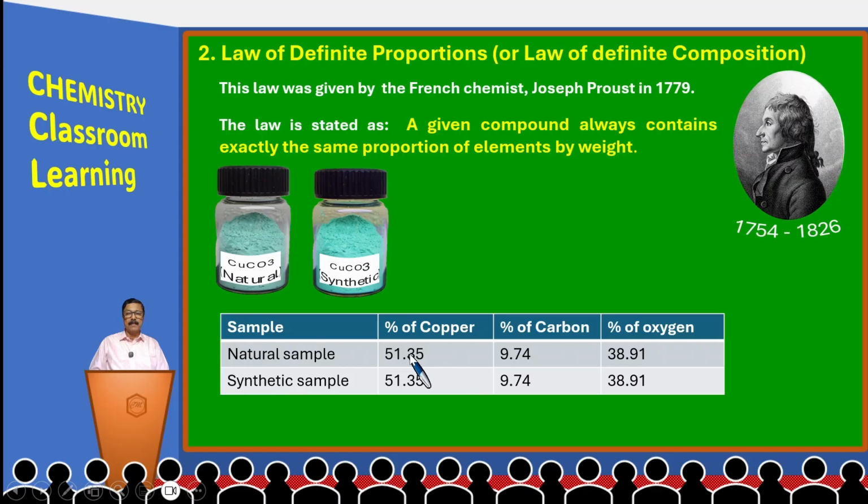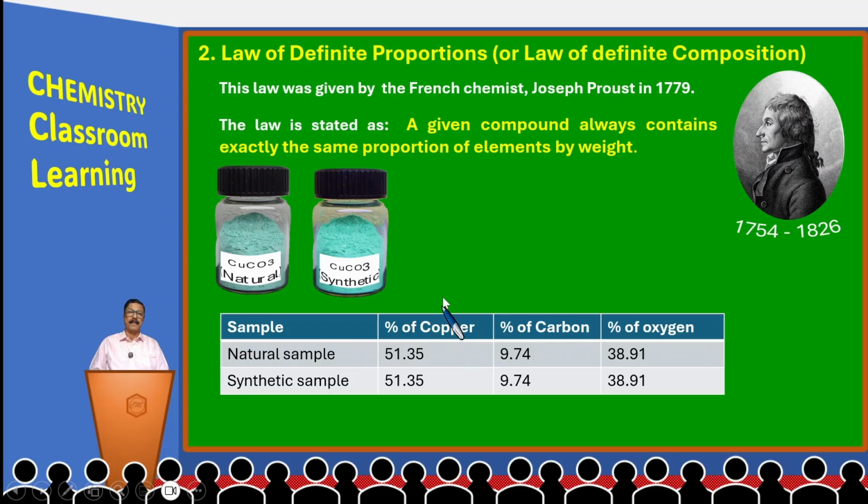In the natural sample, the percentage of copper is found to be 51.35, that of carbon 9.74, and percentage of oxygen 38.91. The synthetic sample, percentage of copper, same as the above, that is 51.35, 9.74, 38.91. That is, whether it is natural sample or synthetic sample, the percentage of the different elements present are the same.